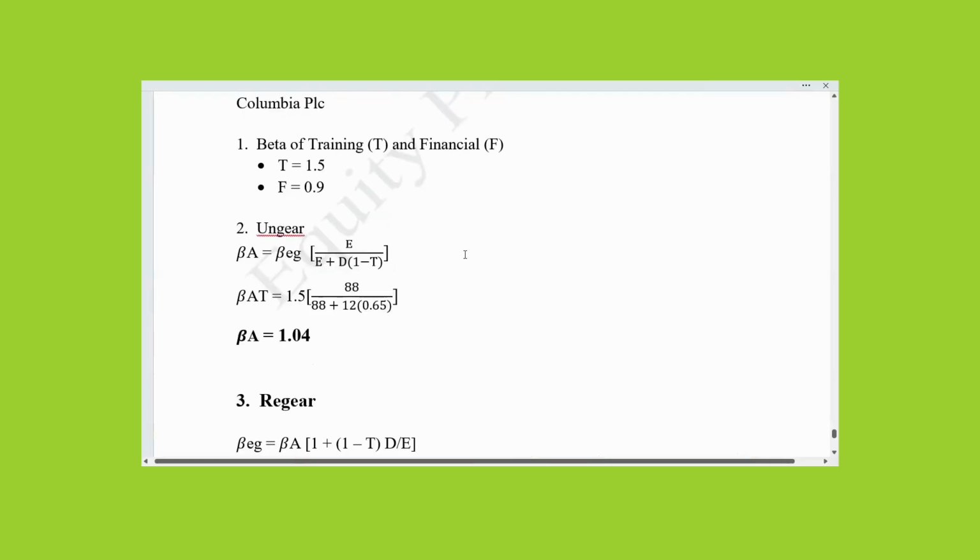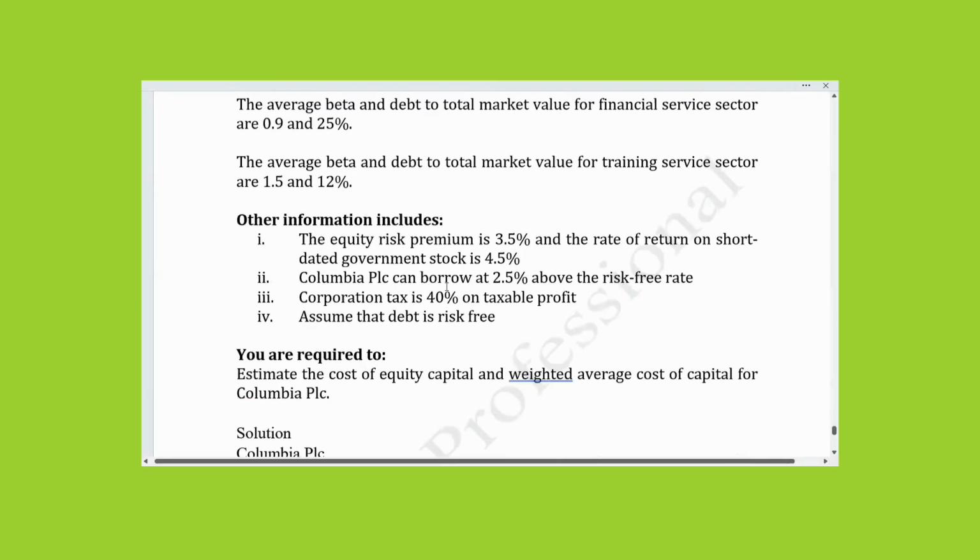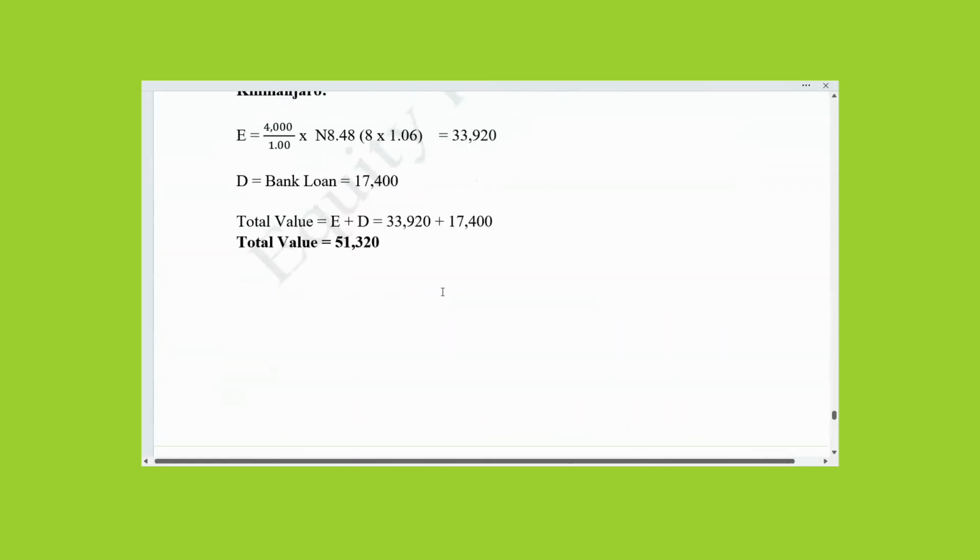Yes, Felicia, this is the formula to ungear. And we are told in the question that debt beta is risk-free, so the other part will not be there. This is the formula you are supposed to use to ungear. We've done it before.